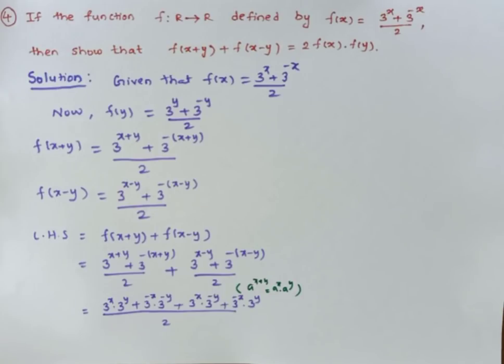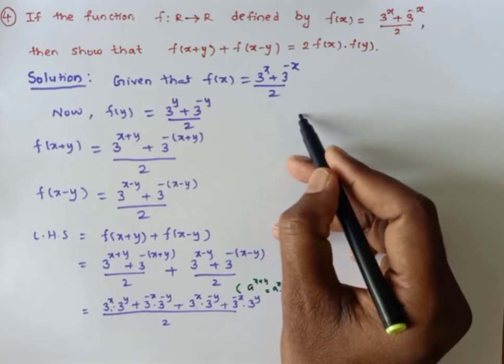Now just identify, see here 3 power x and 3 power x is there, so you can take 3 power x common from the first and third term, and similarly in the second and fourth 3 power minus x is common.